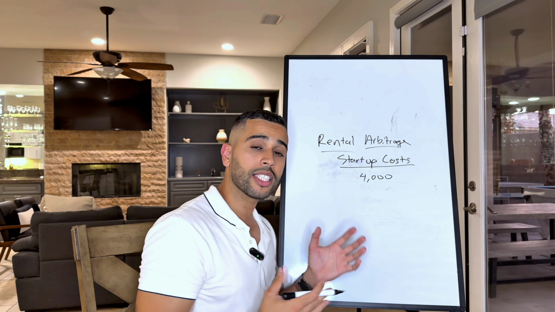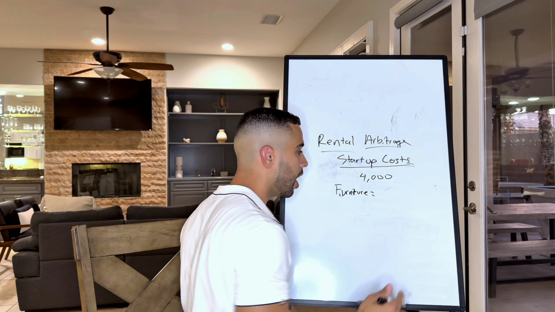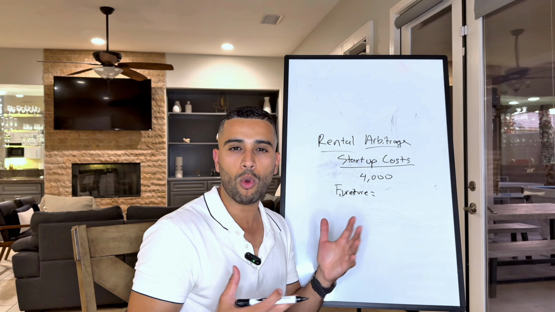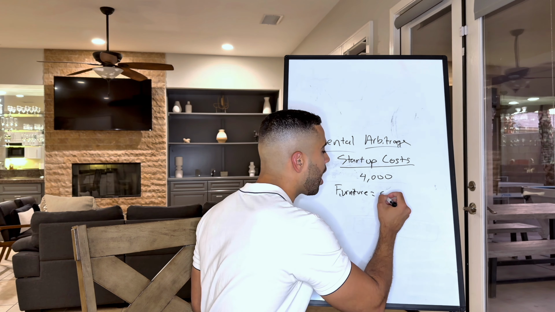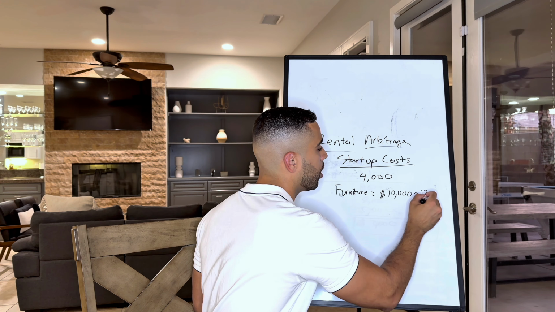And then your biggest expense in rental arbitrage is going to be your furniture. And if you're looking at about a 3-4-ish bedroom property, on average, you're looking at about $10,000 to $12,000.